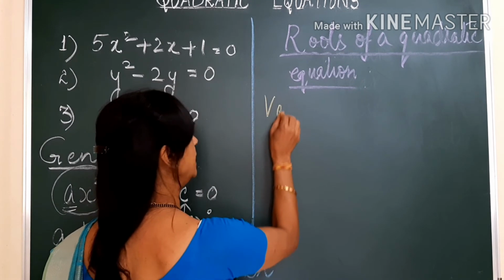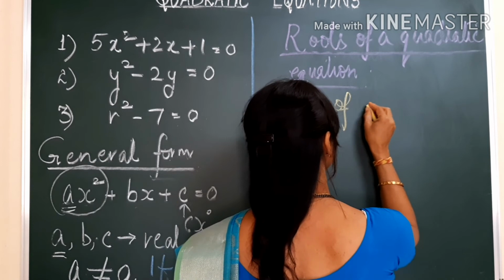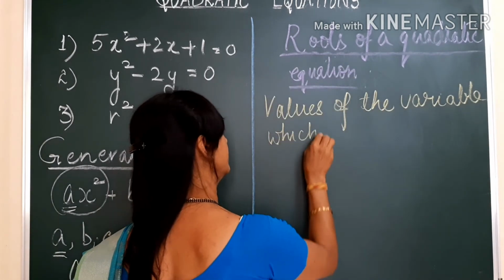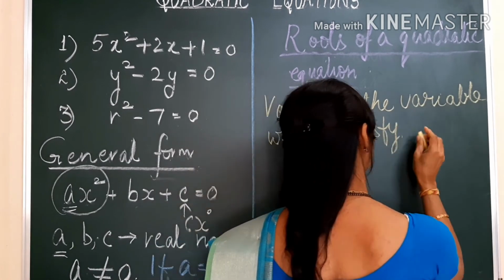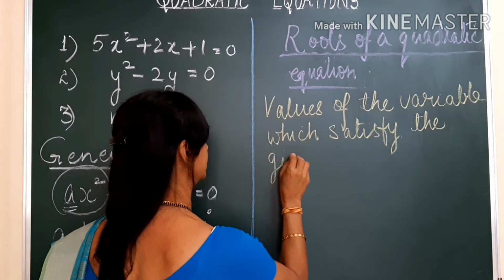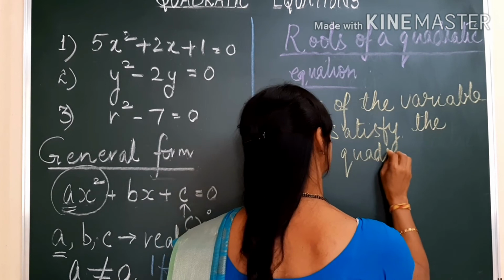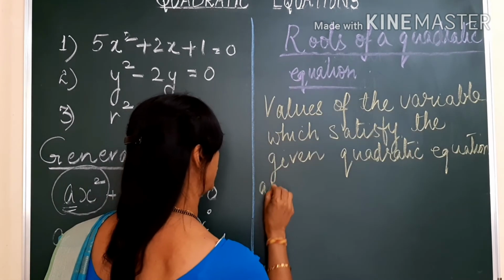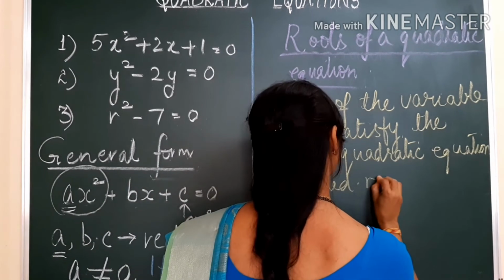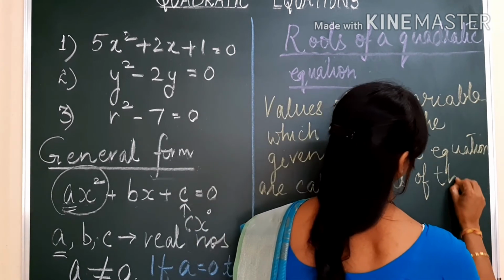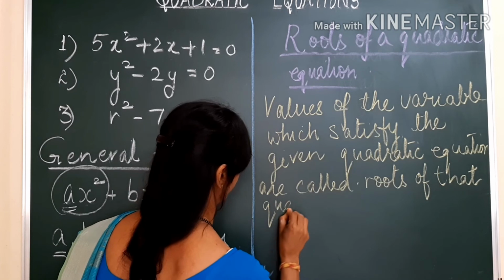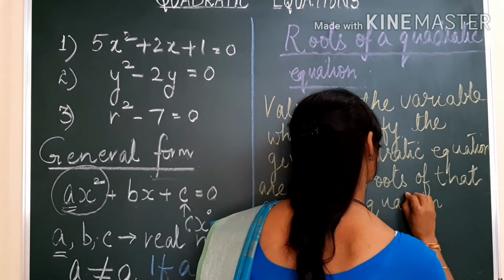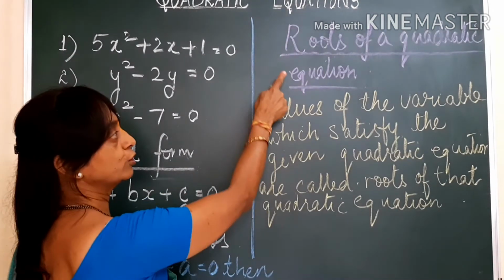You can say that values of the variable which satisfy the given quadratic equation are called roots of that quadratic equation. Once again I repeat, children, what are roots of a quadratic equation?